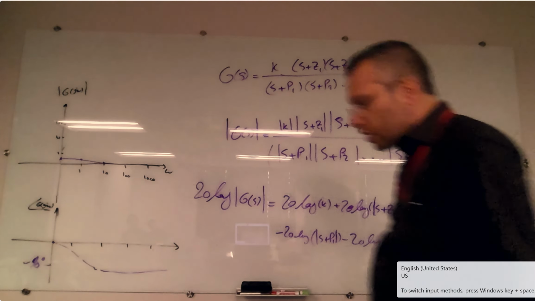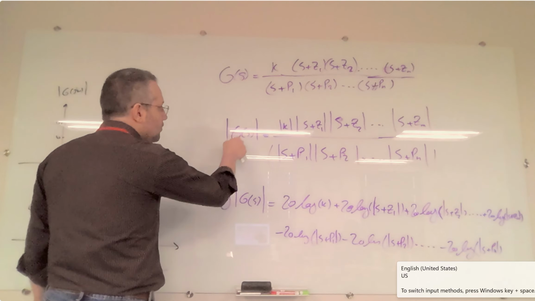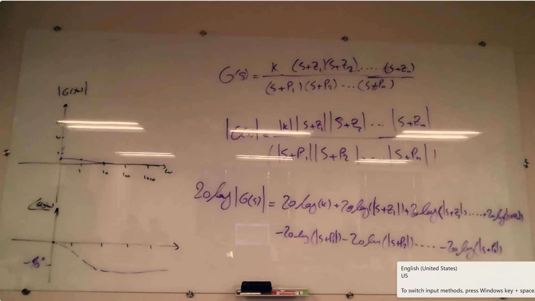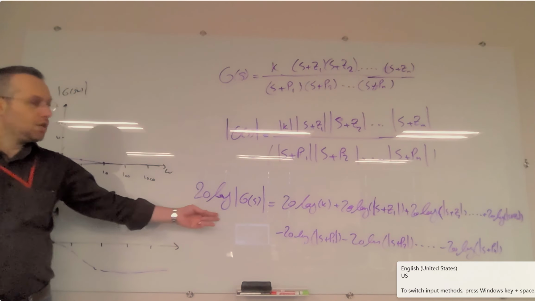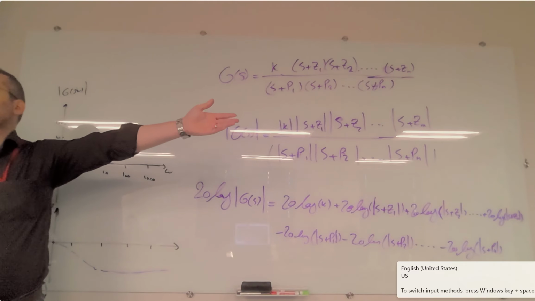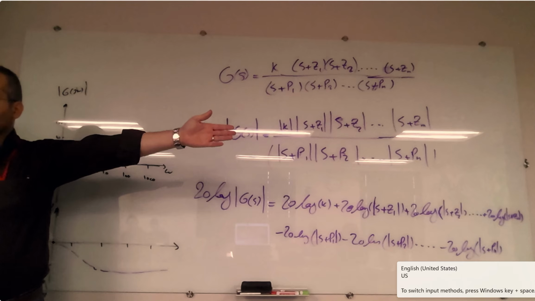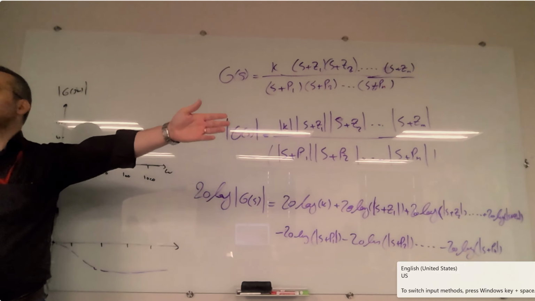Eventually, you want to draw the graph that shows the behavior of this amplitude with respect to change in omega. Correct? So I can use the logarithmic way to separate all those terms, and the result is the summation of the zeros' behavior minus the poles' behavior.